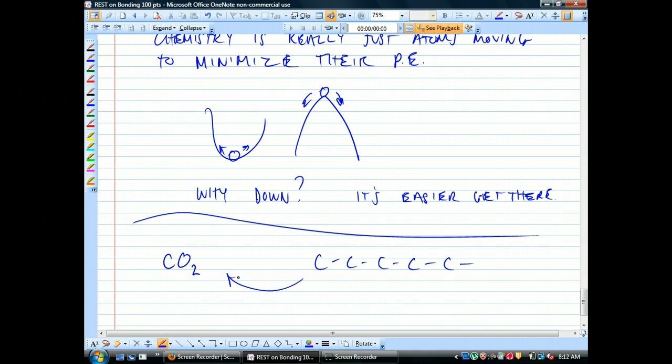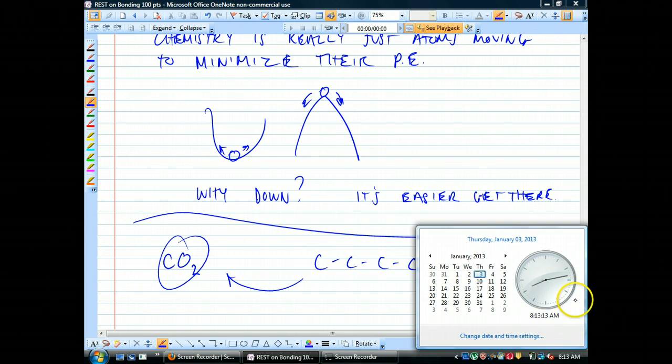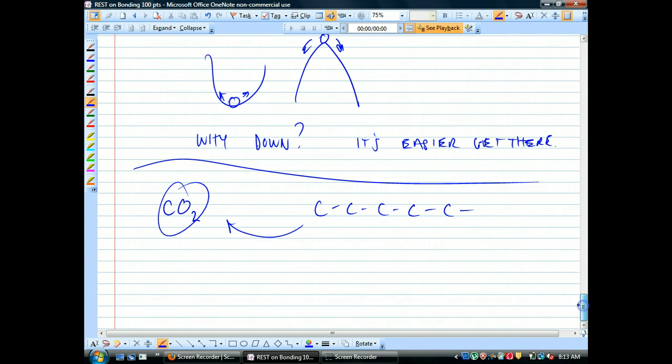So that's why you need a constant input of energy. You need a constant input of energy to keep those carbon atoms at a higher potential energy state and not let them all go down and become like this, you know, ashes to ashes, dust to dust, that sort of thing.